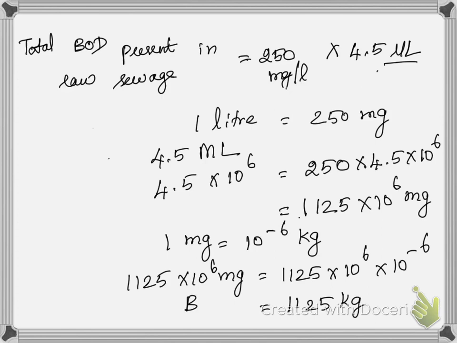So this is going to be the total BOD that is present in your raw sewage. Now the BOD that is going to be removed in the primary clarifier. So how much BOD has been removed? 25% is removed. So per day how much BOD is going to enter?